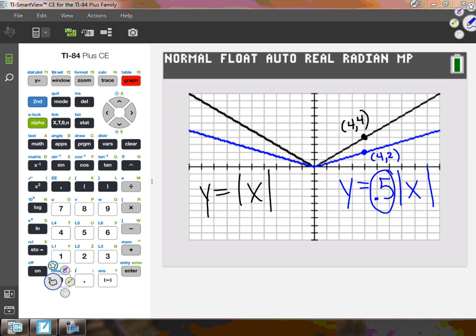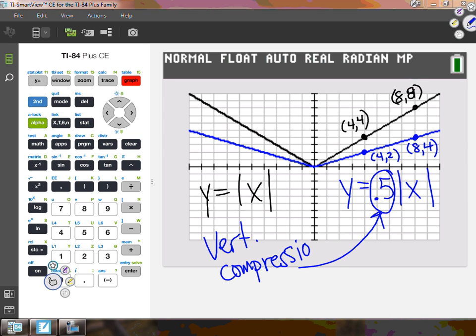It's only half as tall as it used to be. 8, 8 gets compressed vertically to 8, 4. It's half as tall as it was. So a fraction on the outside multiplying the output would produce a vertical compression. Compression is a synonym for shrink. All right, so it presses it down.